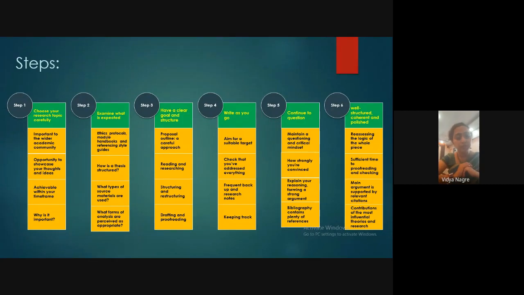So your research should be achievable. Your topic should be achievable. It should not be an over ambitious topic. For example, I'm going to find out financial conditions of people below poverty line in East Asia or something like that. Is it possible for you to cover all the countries in East Asia?